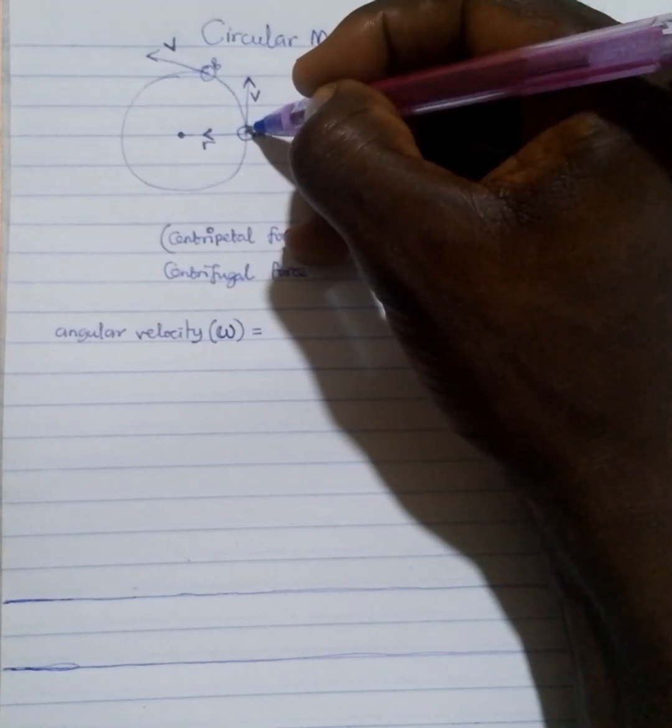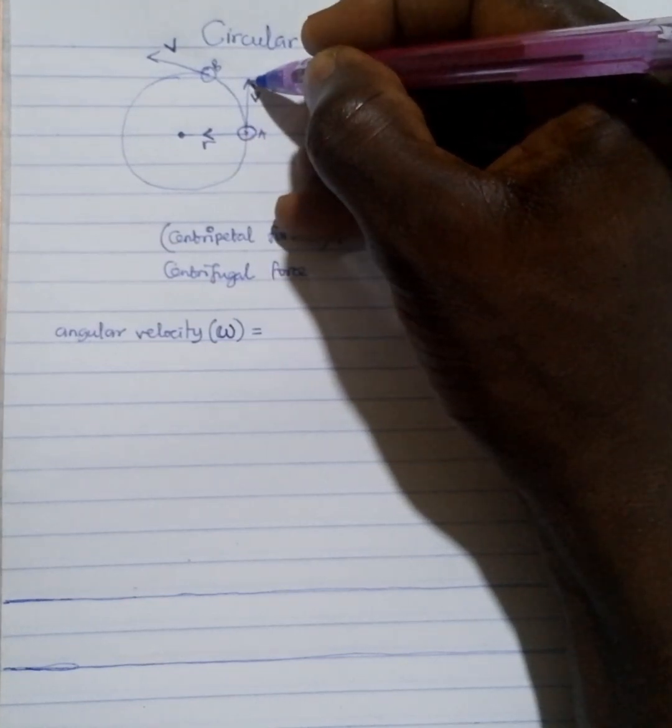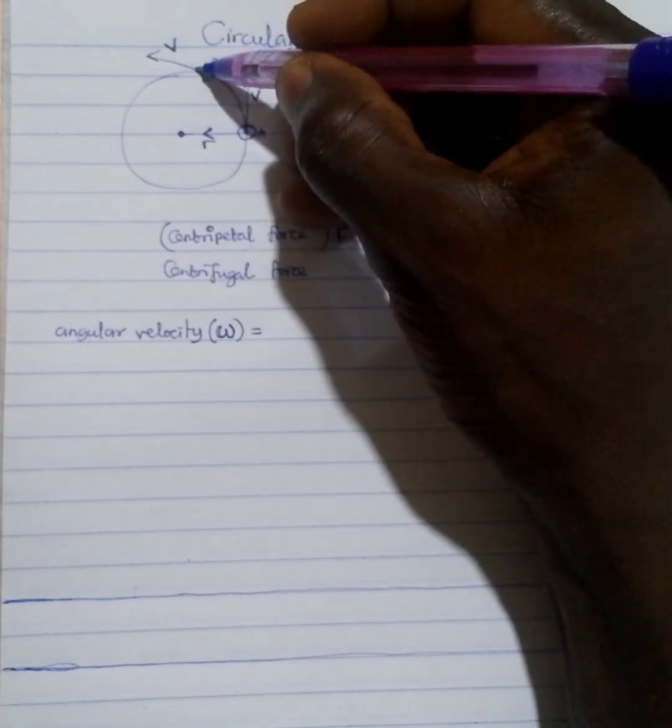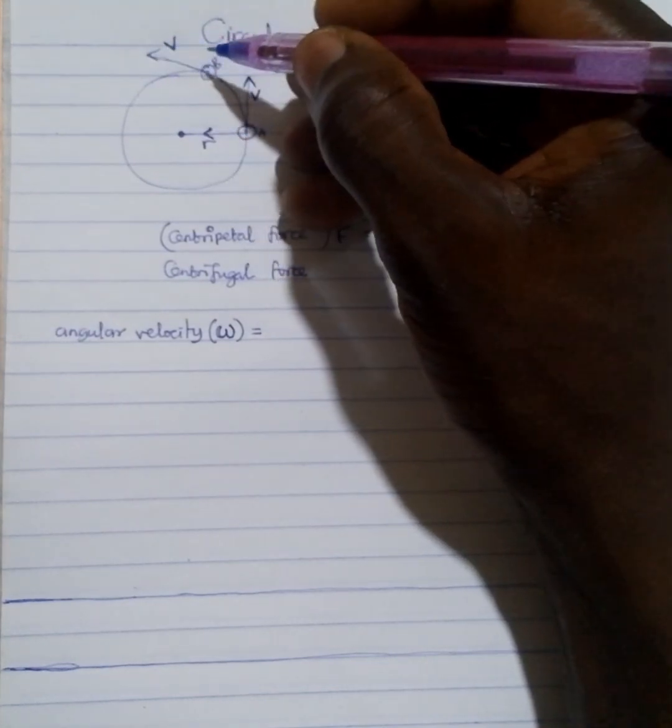The stone is here. The direction of the velocity is in this direction. When the stone gets to point B, the direction of the velocity is in that direction.